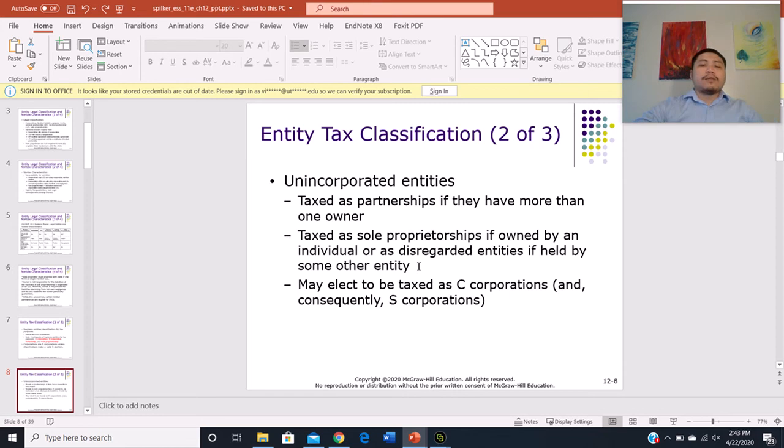However, the owners of unincorporated entities still have a choice whether to elect their business to be treated as a C corporation or an S corporation. It is optional, but by default they're treated as flow-through entities. If they don't want that, they can make an election and treat their business as an S corporation or C corporation.